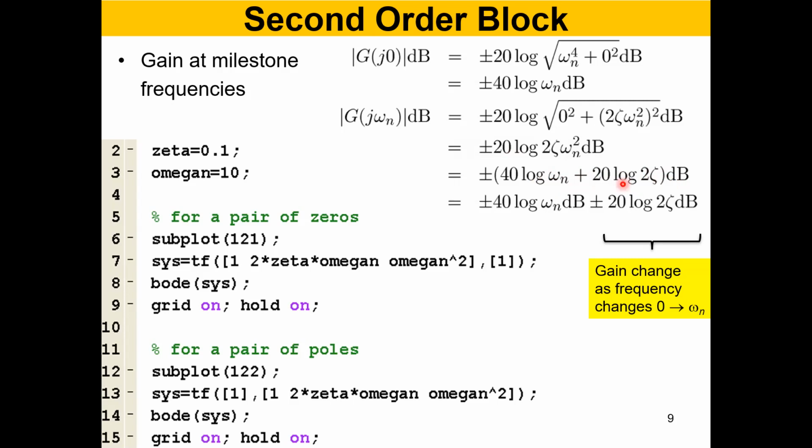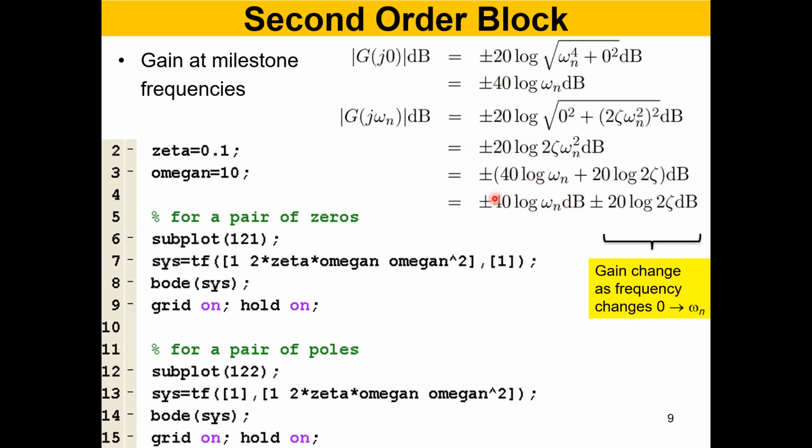So when you separate this into the two blocks here, right? Two blocks here, you can see the first part, rather, 40 log omega n dB is the gain that you got for 0 frequency signal, the gain for a 0 radians per second signal.